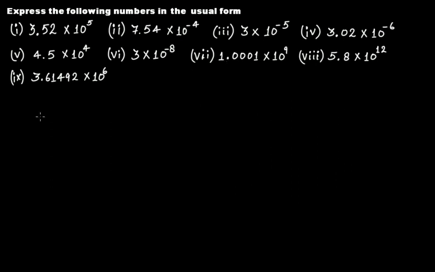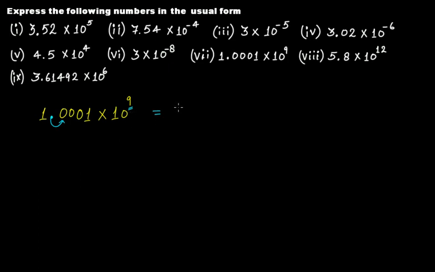In this case, you have 1.0001 multiplied by 10 raised to the power of 9. The exponent is positive. You have to move this decimal point towards the right by 9 digits. 1, 2, 3 and 4, you already have 4 digits after this decimal point. Now the remaining are 5 digits more.